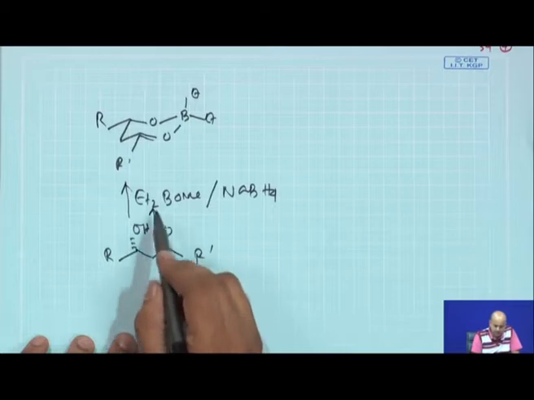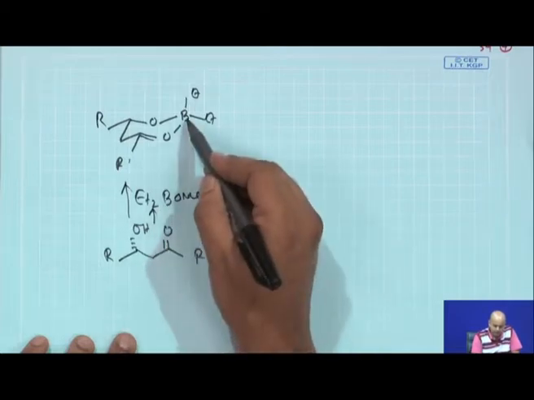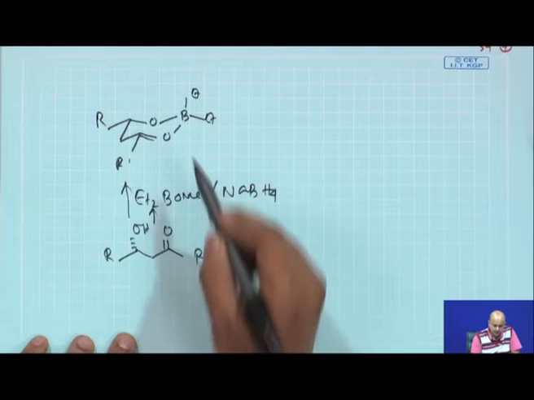In Et2BOMe, this boron has one methoxy, and this methoxy is replaced by this alcohol.